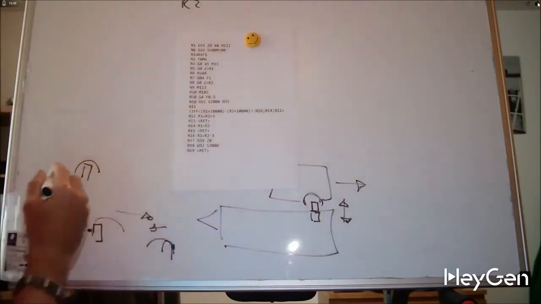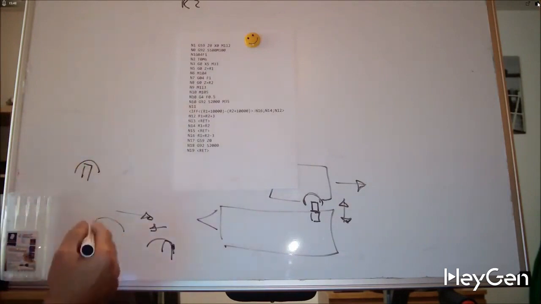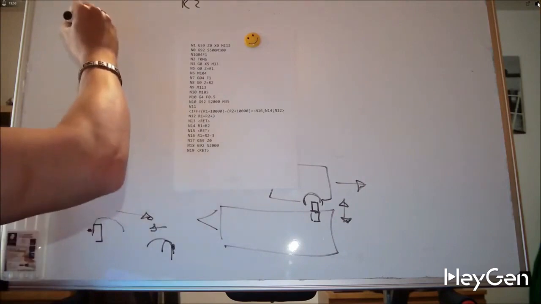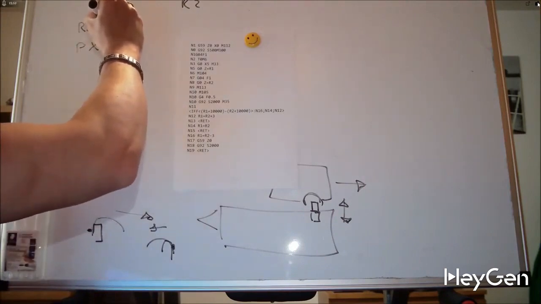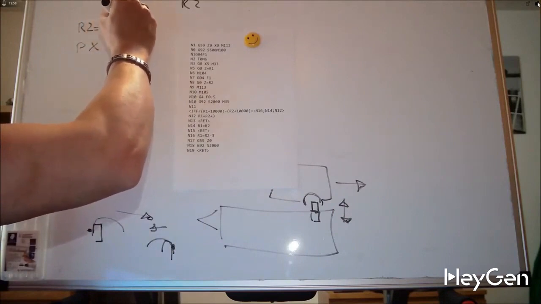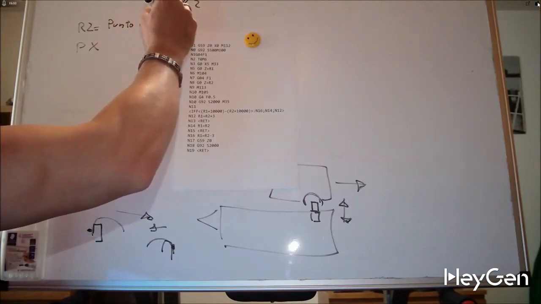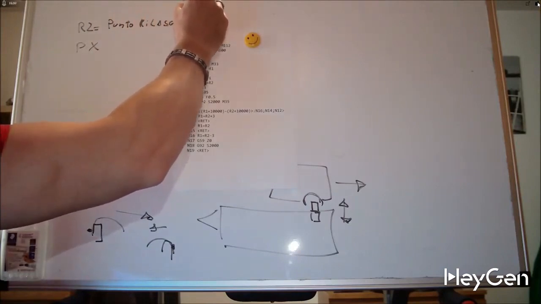I call this program X when I call PX from the main program. I first set R2 to the point, release it, and then the tailstock.